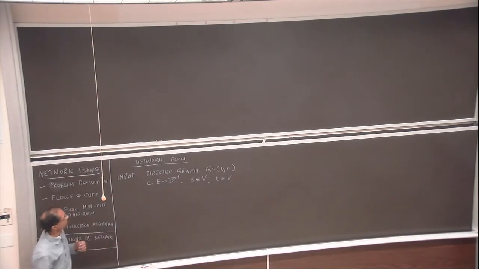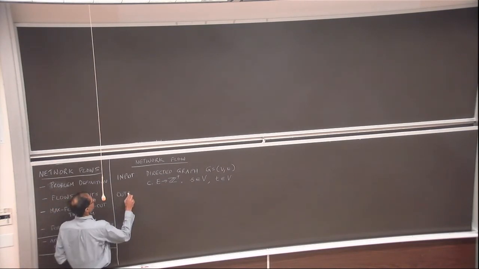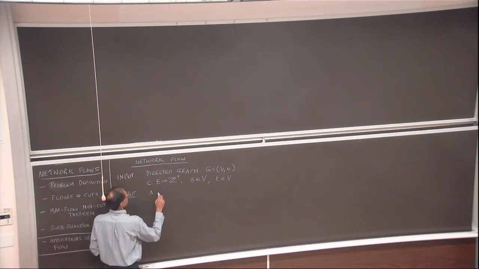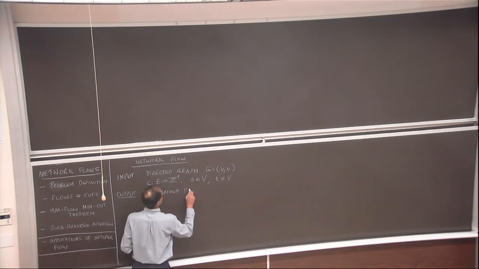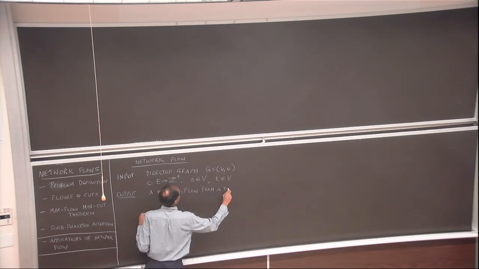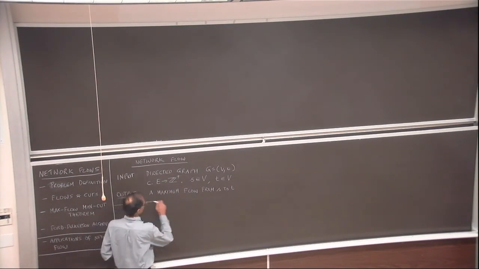These are the inputs. And the output is the maximum flow from S to T. I'll explain to you in a minute.